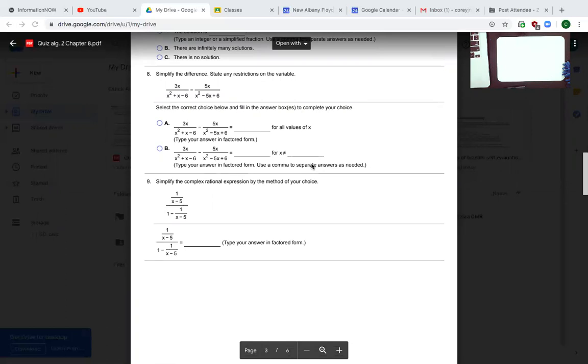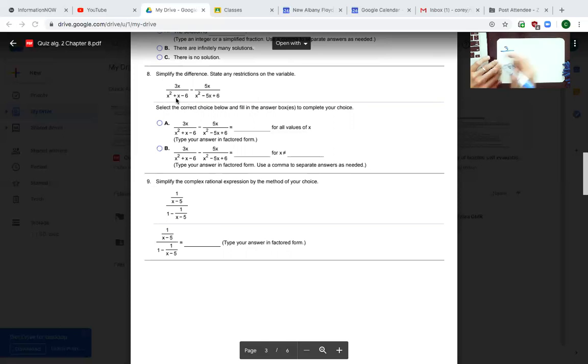So the first thing we want to do there, it says simplify the difference, state any restrictions. So first thing we want to do is factor out our denominators so that we can see what the least common denominator is. So we have 3 over. Now I'm thinking what's going to multiply to -6, add to +1.